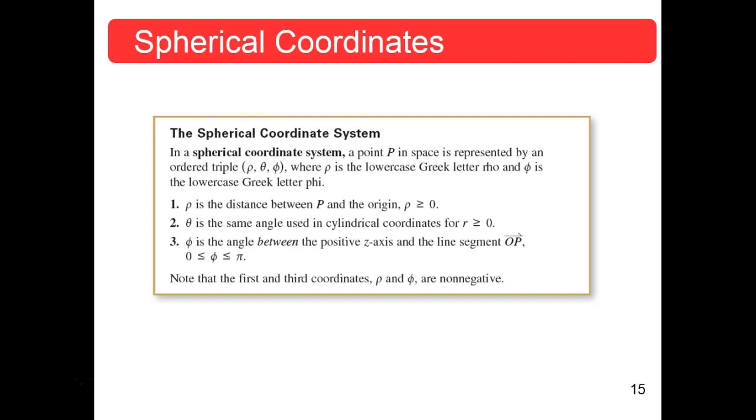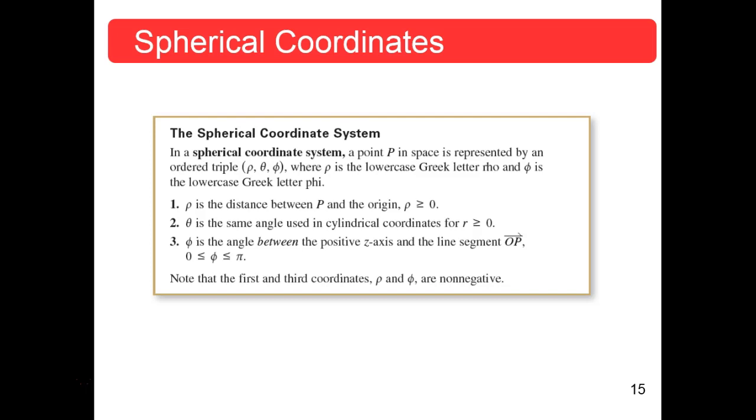Rho is the distance between P, the point that you're looking at, and the origin. So rho is always greater than or equal to 0. Rho is 0 only at the origin; everywhere else it is positive. Theta is the same angle used in cylindrical coordinates for r greater than 0.